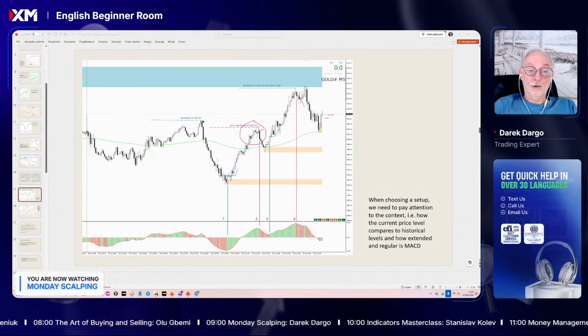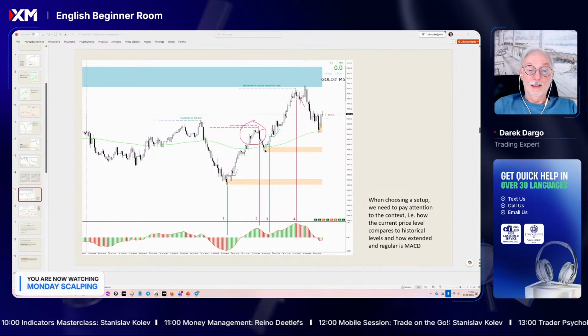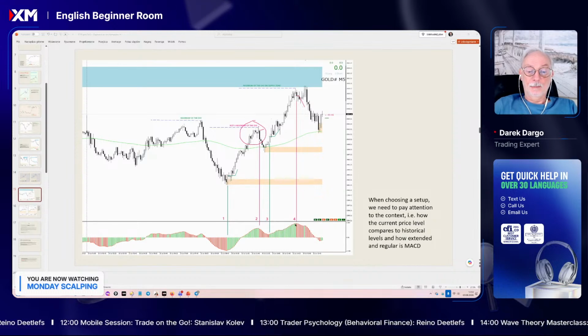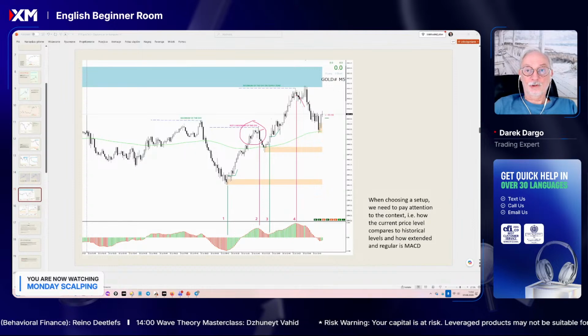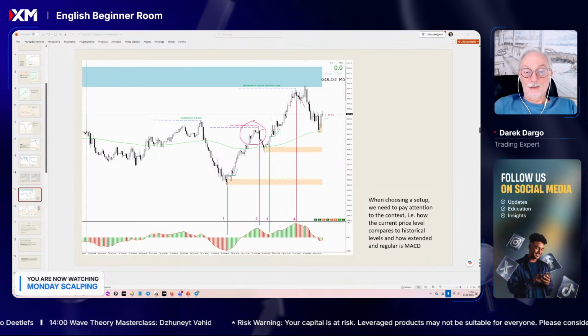So you always need to be prepared that this might not work, or it might give a very small move. Much better is the situation when price makes this on the maximum of the day, then selling, the probability of a good trade is high.